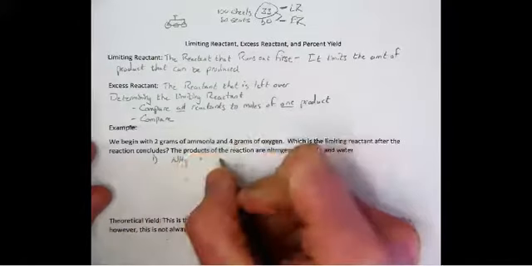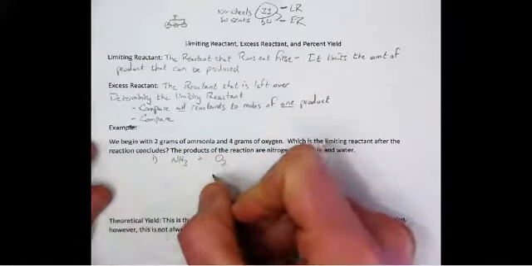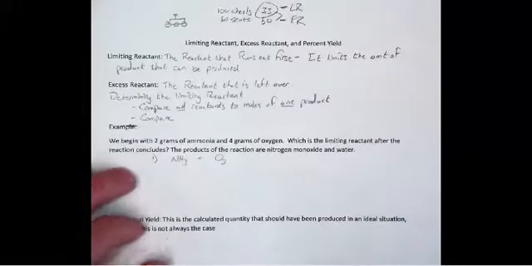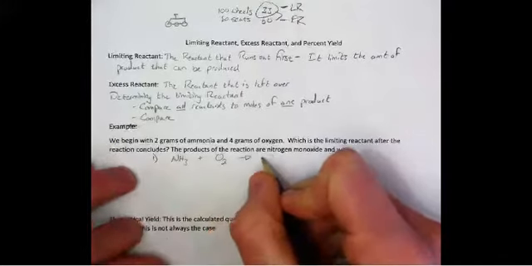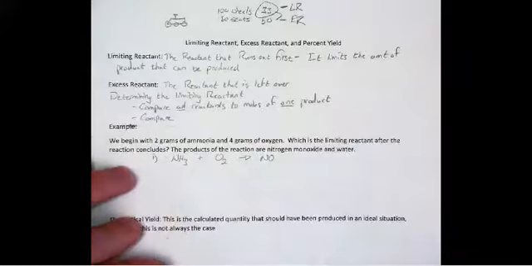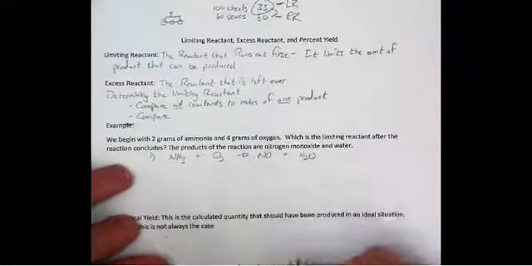We're going to add that to oxygen, O2. That is one of our 7+1 diatomic elements. And we're going to react to form nitrogen monoxide. We don't need the prefix mono in front of nitrogen, but we do in front of oxide, plus H2O.